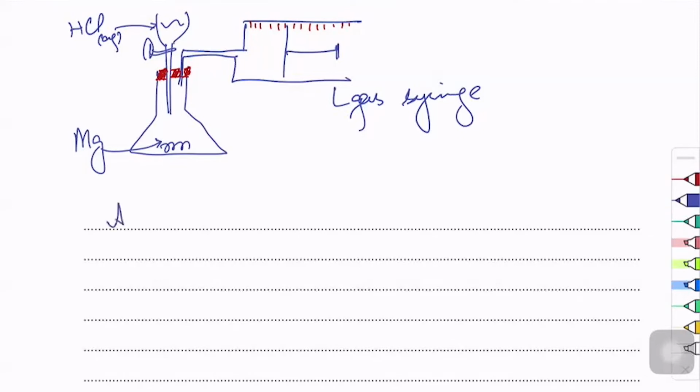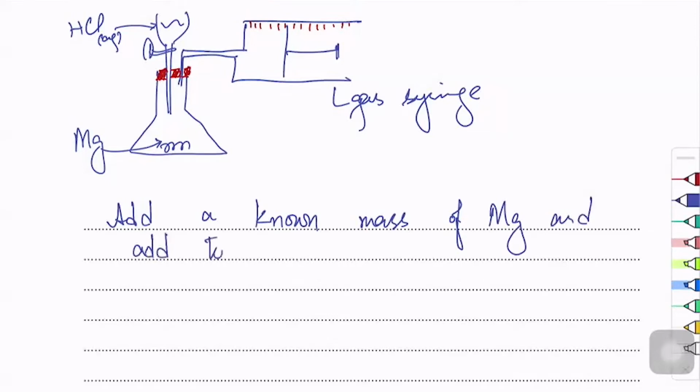So I'll say: weigh a fixed amount of magnesium and add to a fixed volume of HCl solution, or HCl aqueous. Okay, so that's this.